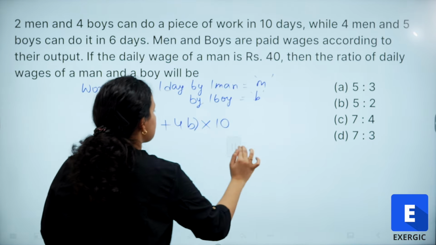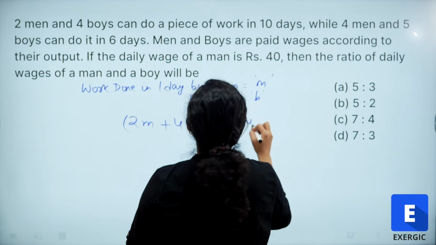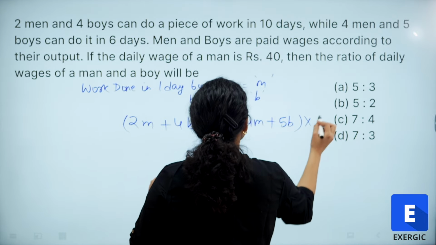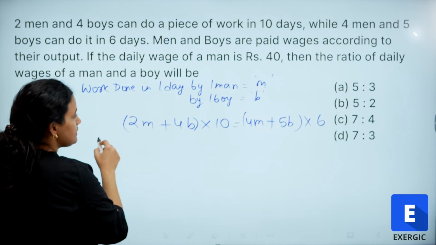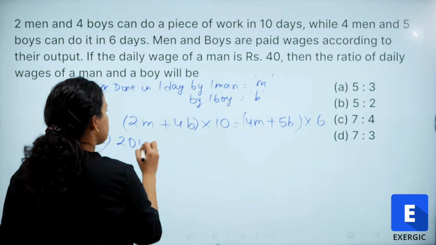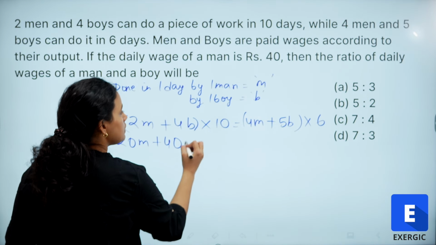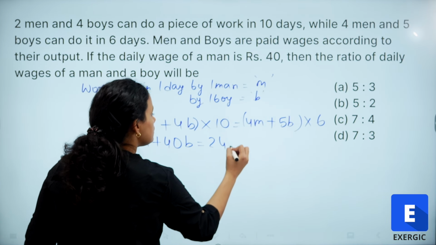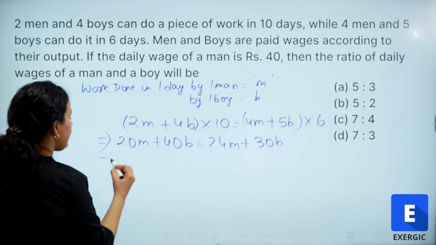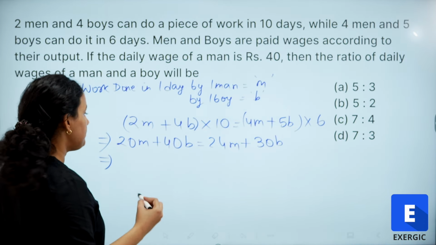What will we get? (2M + 4B) into 10 is equal to (4M + 5B) into 6. Let us solve this. Basically, we will arrive at some relation between M and B, right?